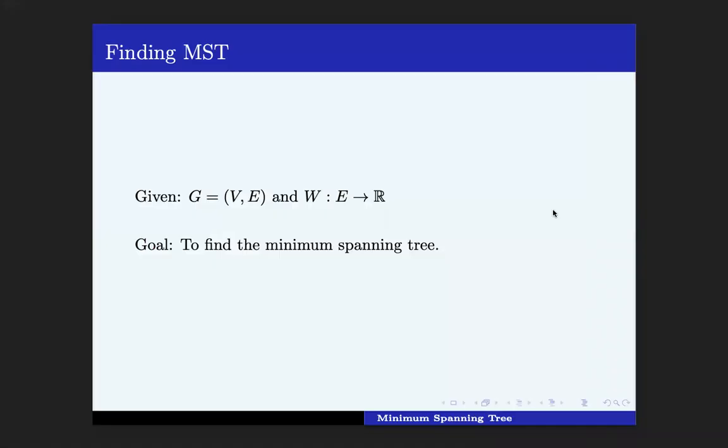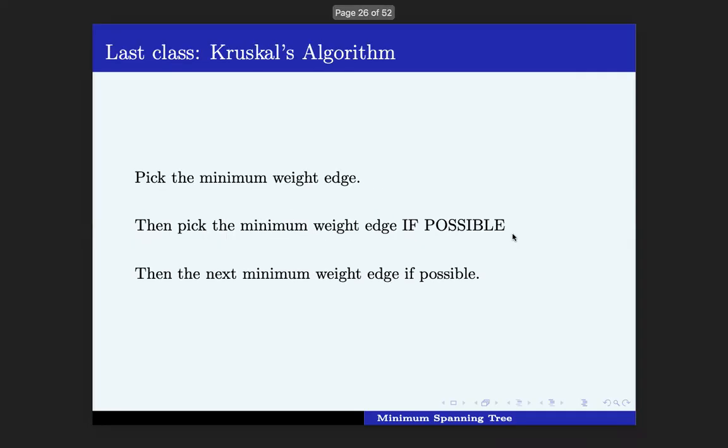Of course we know this algorithm, and we're talking about finding an MST. Here is Kruskal's algorithm, which basically says that you pick a minimum weight edge, and if that edge is possible, meaning it doesn't create a cycle, then you pick it and go to the next step.